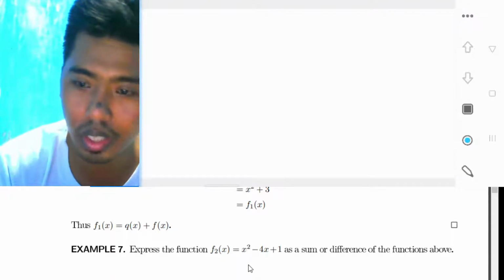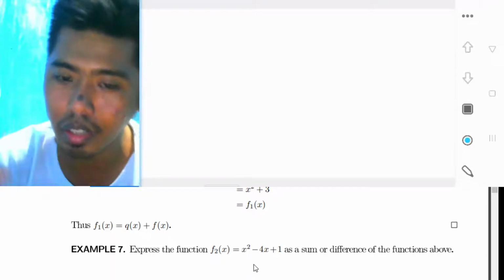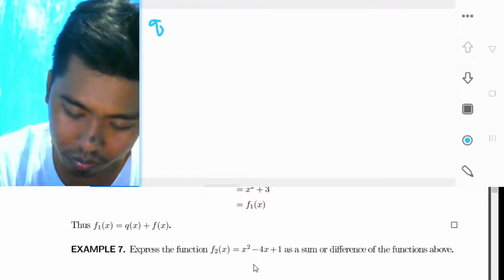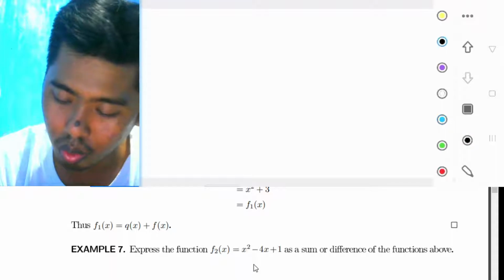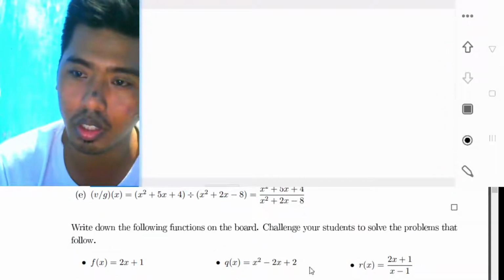We can also do trial and error. So let's have some q of x here. Again, there are three functions on the top, from f of x up until r of x.